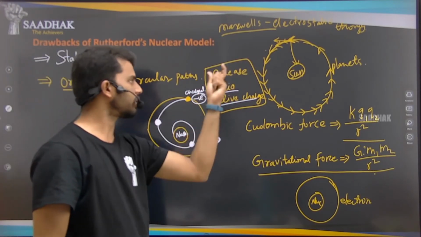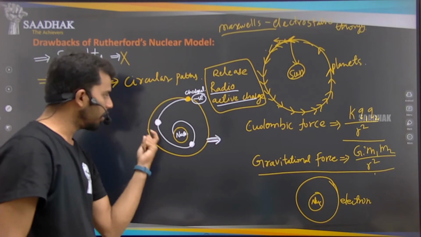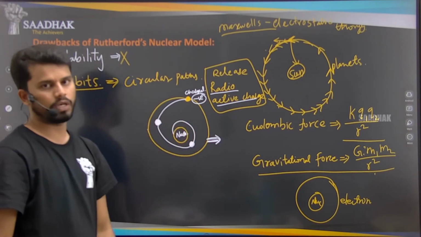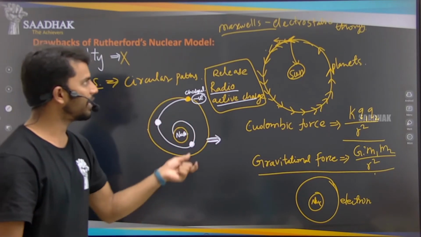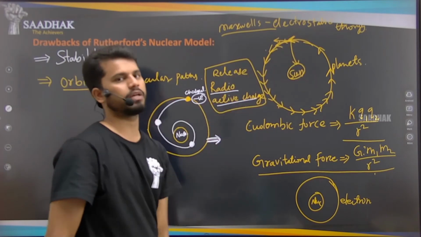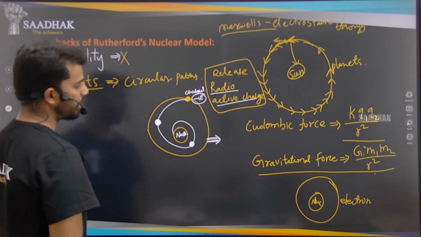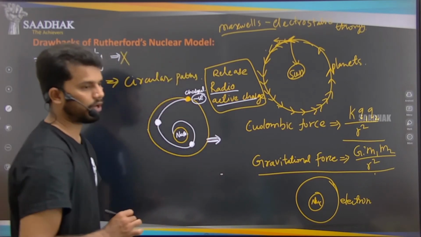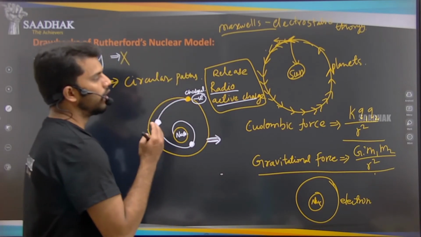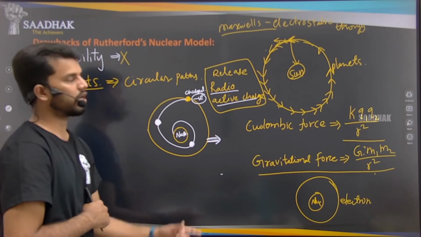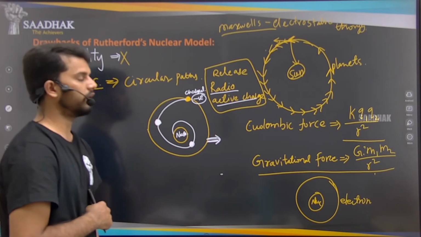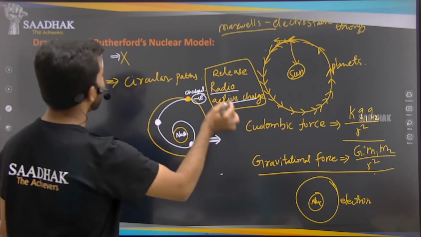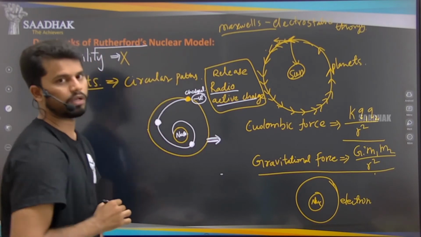Here the electrons are charged particles, that's why they will fall into the nucleus, by Maxwell's theory, right? So if we take electrons as neutral particles which are not charged, then this Rutherford structure would be valid.